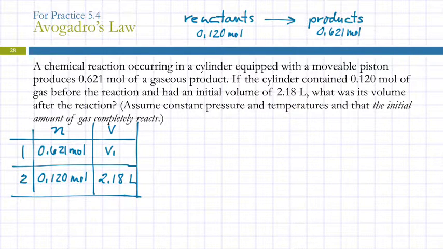I need an equation that uses V's and N's, and that's going to be Avogadro's law. V1 over N1 equals V2 over N2. So cross multiply, rearrange that, solve for V1. V1 equals N1 V2 over N2.